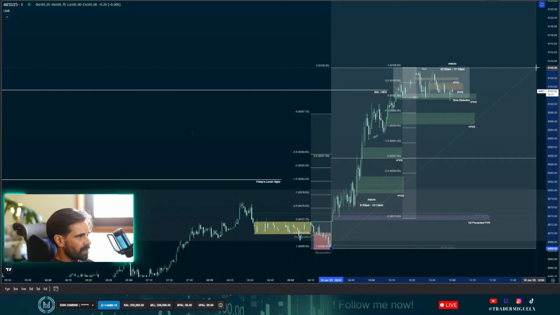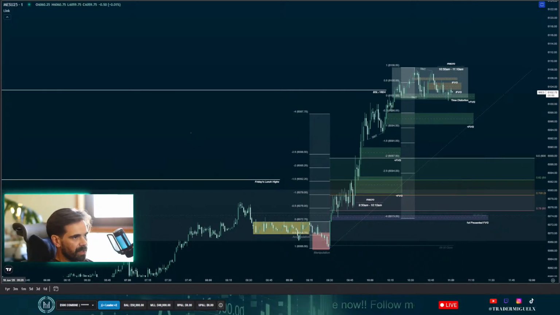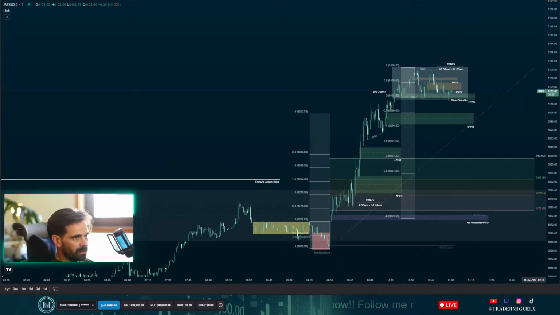Let me just check the whole leg here. Where are the OT levels and where is equilibrium? So equilibrium should be around here. And looking at the 687, I'm just looking at it on the higher time frames. Yeah, it should be acceptable. Let me just check the 15 minutes.